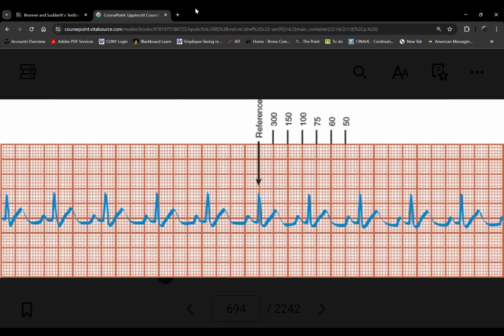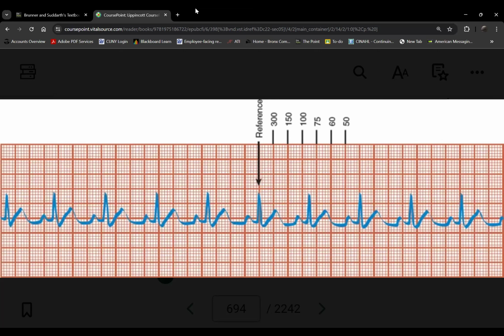However, since this is 6 seconds and this heartbeat does not count, can I move the whole strip here so it starts here? If I move that, will this now fall under the 6-second strip? So it's 8 now, right? 1, 2, 3, 4, 5, 6, 7, 8.